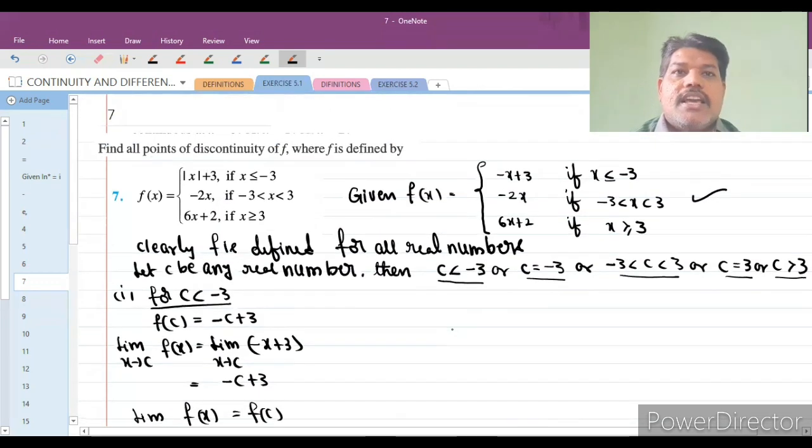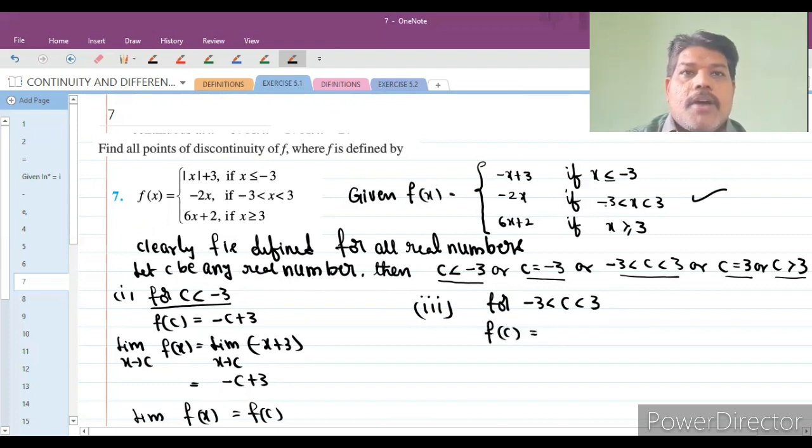What is case 3? Case 3 is nothing but -3 less than c less than 3. So for -3 less than c less than 3, what is the f(c) value? For -3 less than x less than 3, f(x) value will become -2x, so automatically f(c) will become -2c.